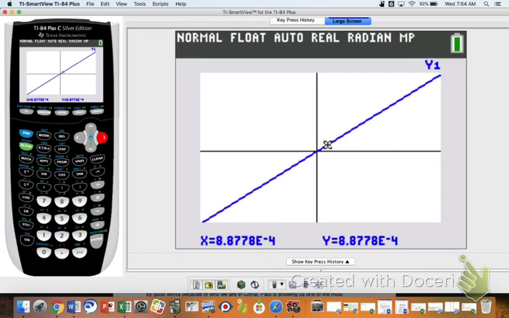Still feel okay about this? Y equals X is our equation. Anybody wondering anything? Any comments? I'm zoomed in pretty far, sure. Well, this is looking a lot like Y equals X, right?